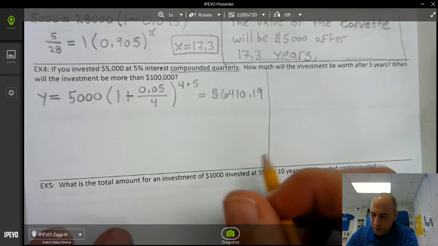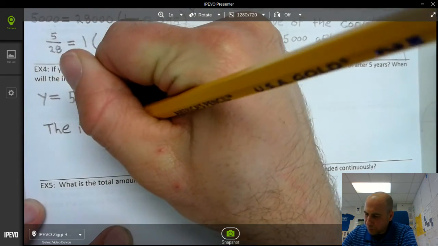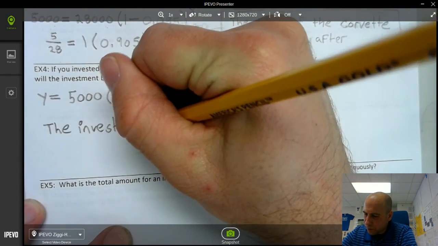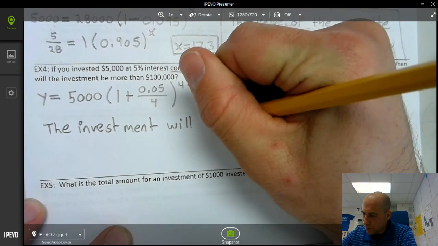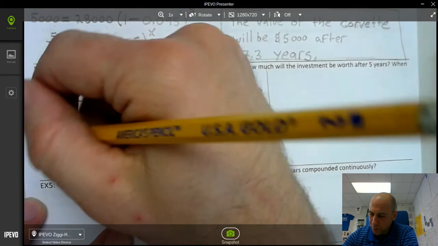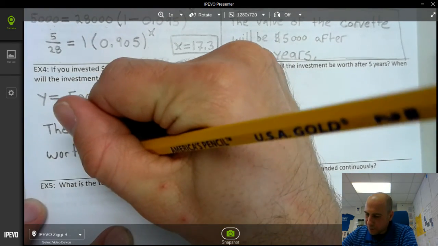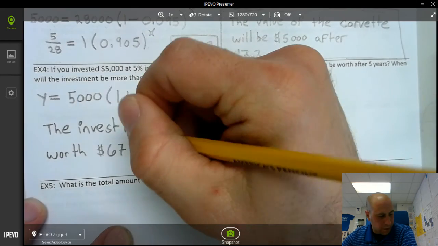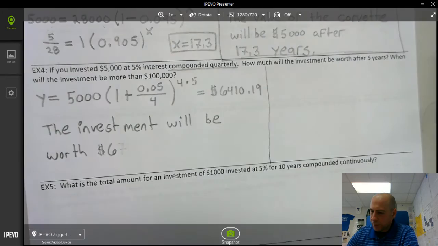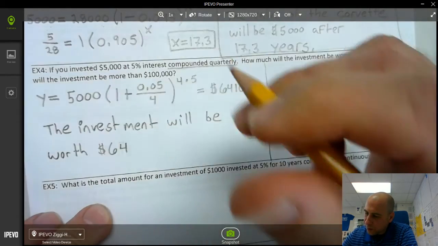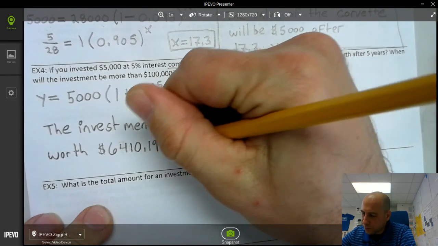So in this case, you'd write the investment will be worth $6,410.19 in 5 years.